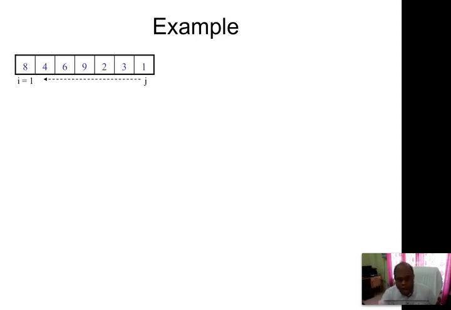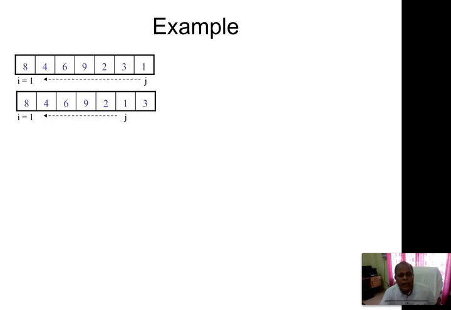Here i is 1 and j is n, hence you compare a[j] with a[j minus 1]. That means here 1 and 3 will be compared. You see the first array figure, 3 and 1 are compared, and 3 is greater than 1. That means 1 should be placed to the left of 3, because you are sorting in ascending order, hence you exchange 1 and 3.